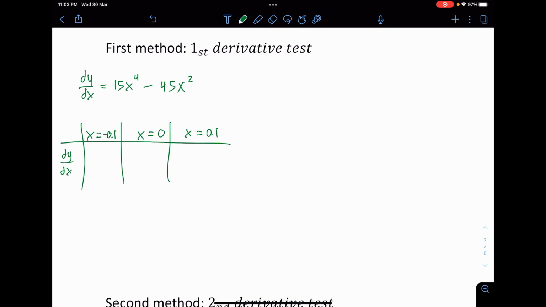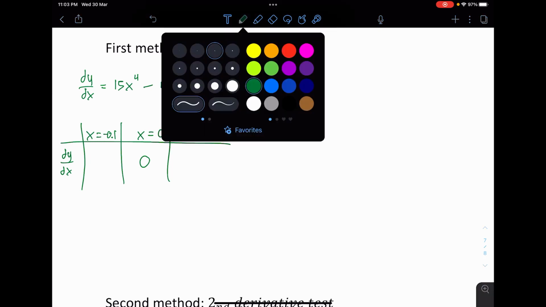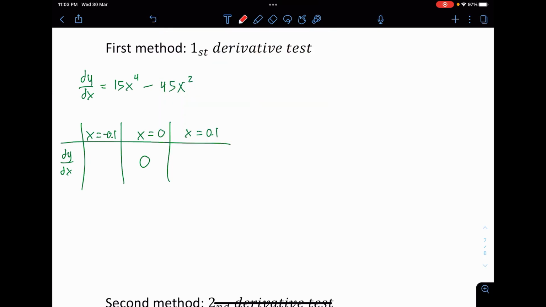Now dy dx is 0 when x equals 0. This is because x equals 0 is actually the turning point. Of course, the gradient will be 0. But what about 0.1? Just imagine this. You let x equals 0.1 in the dy dx. That will be 15 multiplied by a small number, minus this thing.